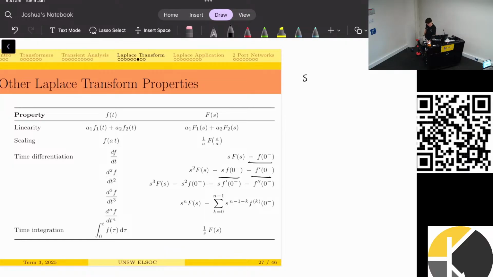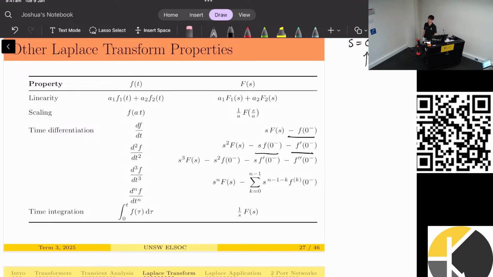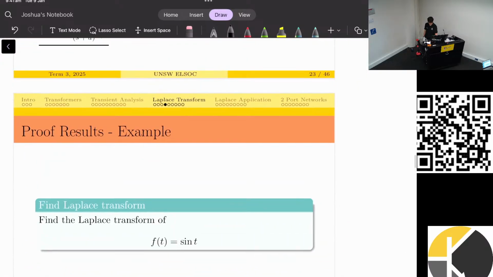Your lecturer might have shown you this relationship, s equals sigma plus j omega. So this j omega term is all about Fourier, and this s term is our Laplace. So what's only really changed is the sigma value. And what the sigma value allows us to do is store information about the initial conditions of the system, which is why we can handle initial conditions like we see in these properties down below. Anyway, that was a bit of a tangent.